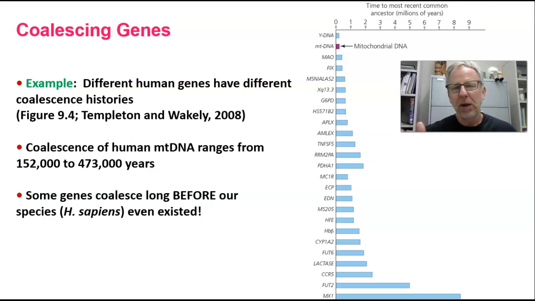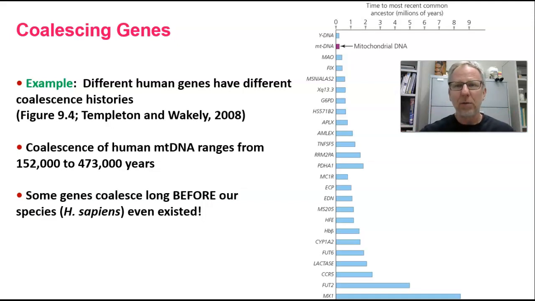This is taken from a paper published in 2008, Templeton and Wakely. And the mathematics behind this and calculating this is pretty crazy. I would not be one to consult about the mathematics, but there are strong statistical techniques based on our understanding of genes and population biology to estimate these coalescence times.